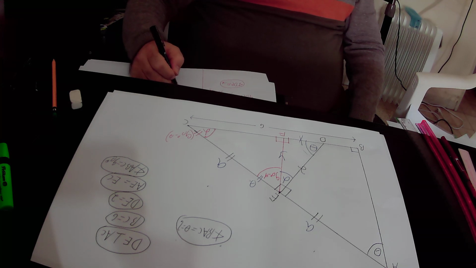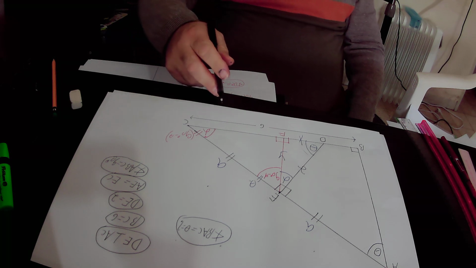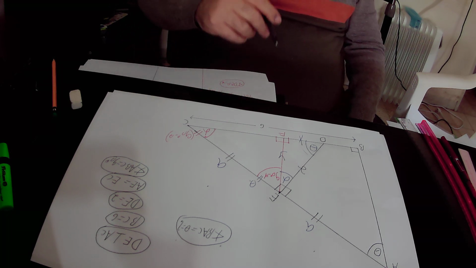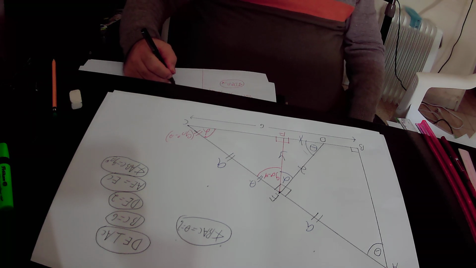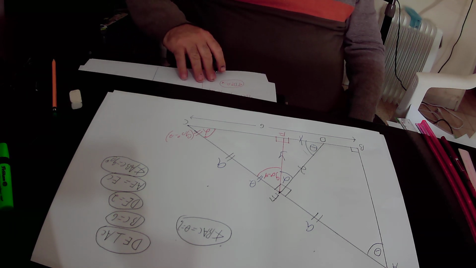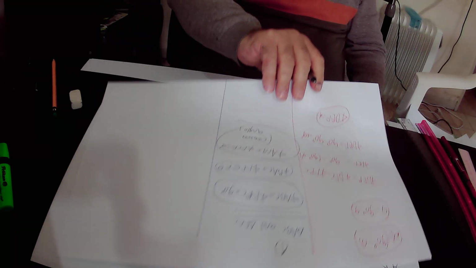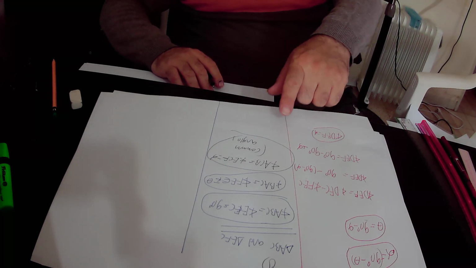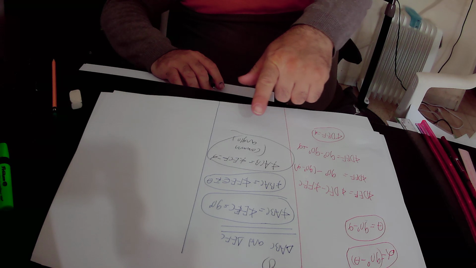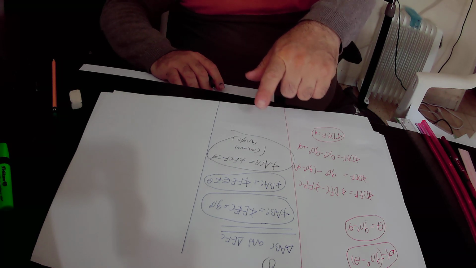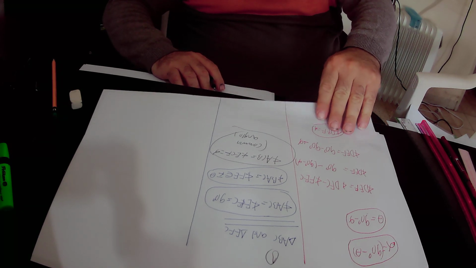It is a common angle. Actually, we are saying that this angle equals itself because it belongs to both triangles. I'll repeat again. Angle ACB equals angle ECF equals alpha. It is a common angle that belongs to both triangles.